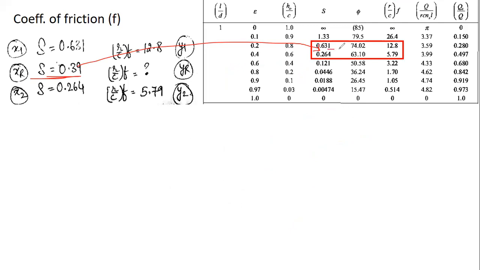Then in front of this number, what is your r by c into f variable? The magnitude of that variable I need to find out first. Then I need to find r by c into f equal to that magnitude. And then I need to find the coefficient of friction f.